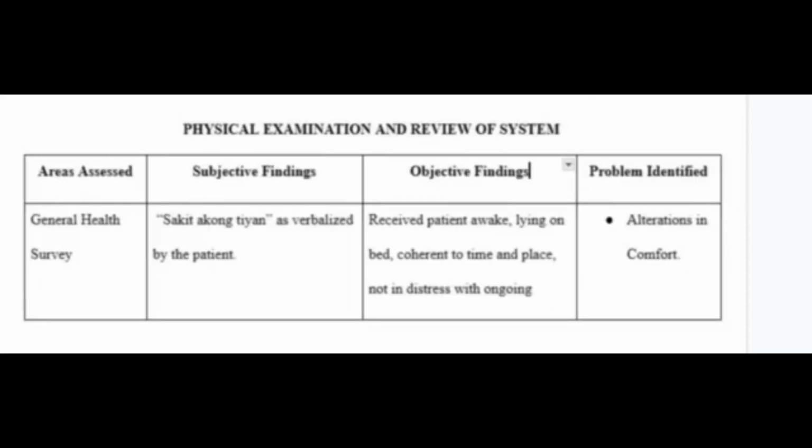The patient's vital signs: temperature 37.5, BP 110/60 mmHg, heart rate 95, RR 23 breaths per minute, and oxygen saturation 99%. The problem identified is alteration in comfort.